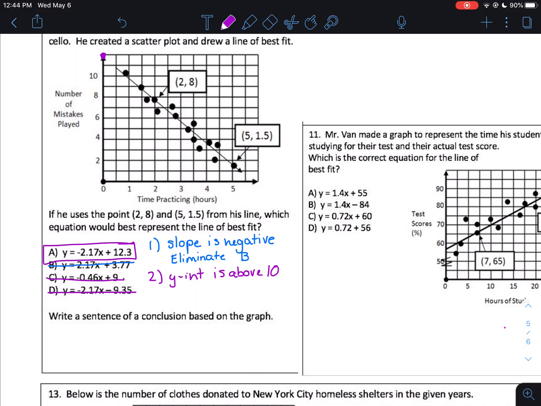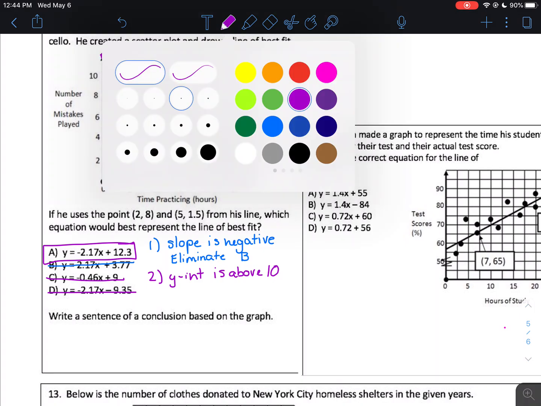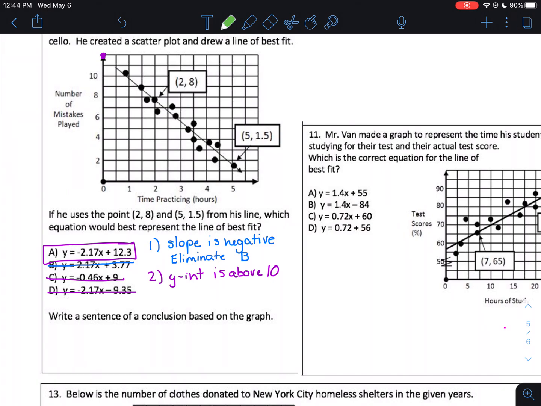Then it says write a sentence of a conclusion based on the graph. Okay, this is talking about the number of mistakes played and the time practicing. Okay, so it wants it in context. And what I would write here is the more that you practice, the less mistakes are made.